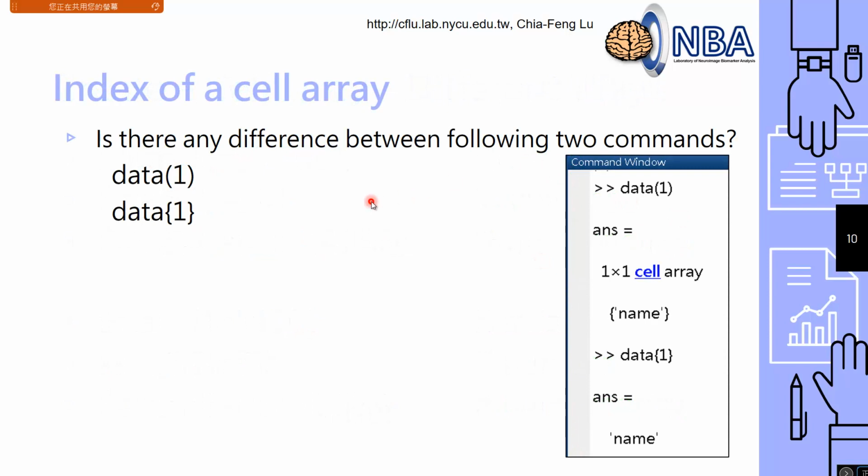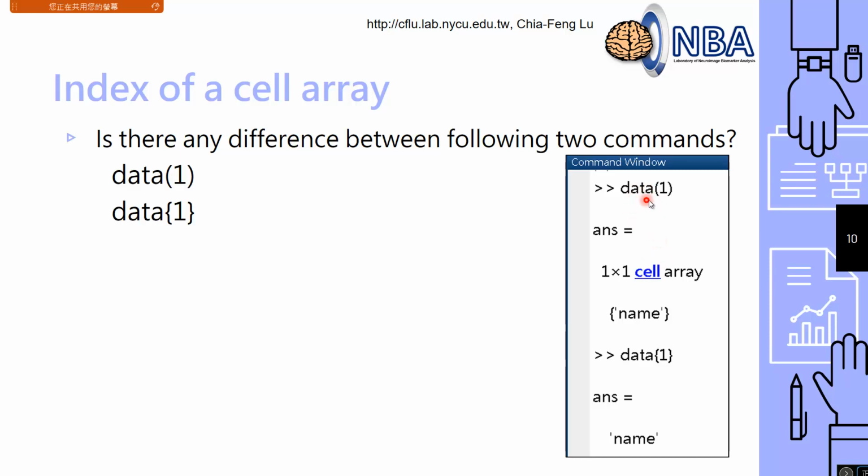So think about this. You can simply ask MATLAB, what is data? You say data of 1, but now you are using the parentheses. And what is data? You say data of 1, but you are using the curly brackets. It's a little bit different. So you can see the result. Of course, you can type on your computer, but you can directly see the result right here.